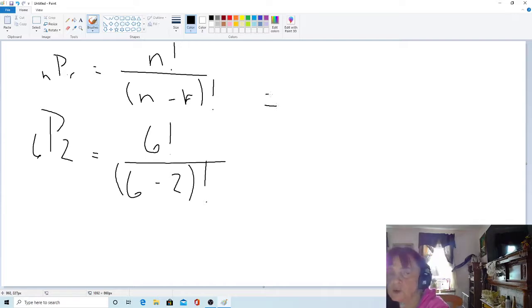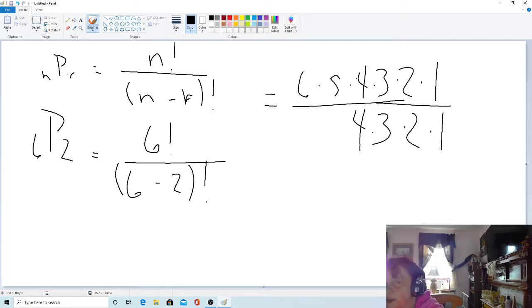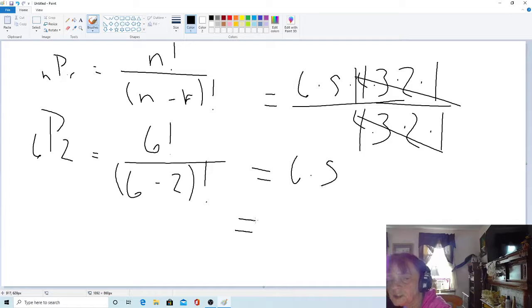And 6 factorial is 6 times 5 times 4 times 3 times 2 times 1 over 4 factorial, which is 4 times 3 times 2 times 1. And this 4 times 3 times 2 times 1 cancels. And so that leaves you with 6 times 5, which is 30.